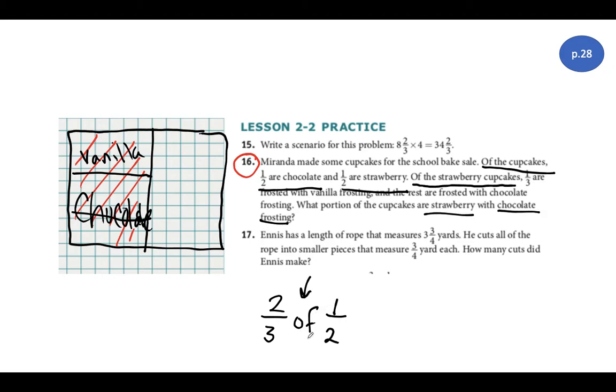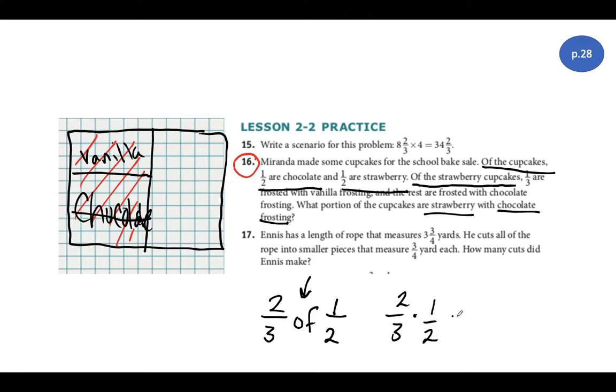It's not always explicitly there, but we are taking 2/3 because the chocolate is 2 out of these thirds, right? 2/3 of 1/2 of a box, because half of the box was strawberry. So we're taking 2/3 of 1/2, and that is the same thing as 2/3 times 1/2.